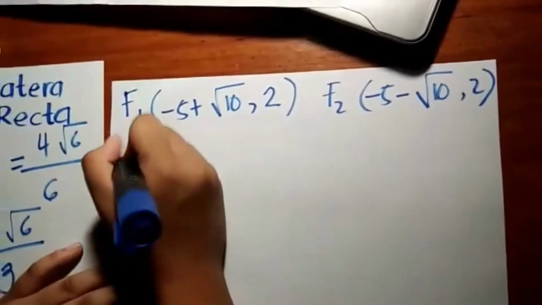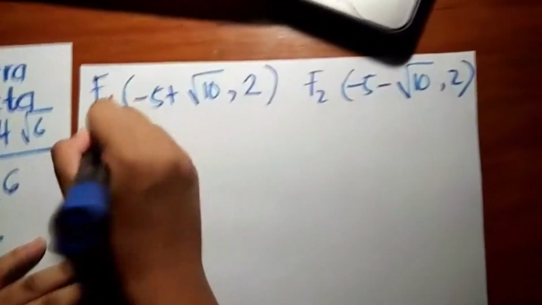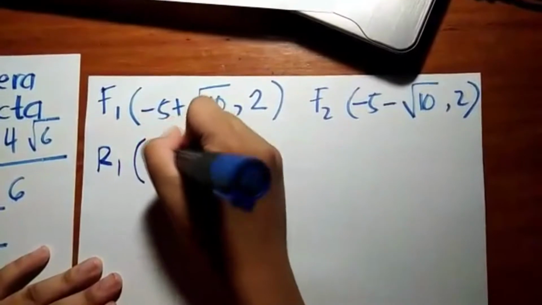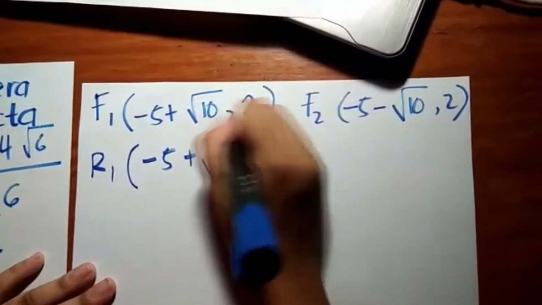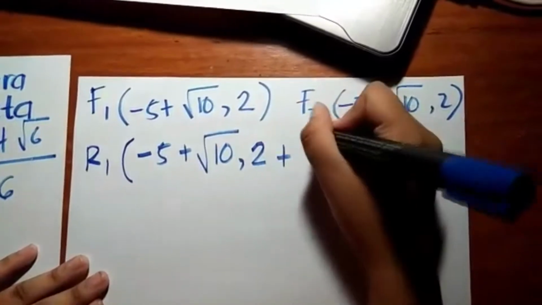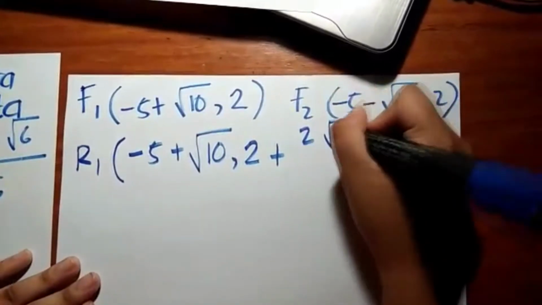So our first endpoint would be R1, which is negative 5 plus square root of 10, 2 plus 2 square root of 6 over 3.